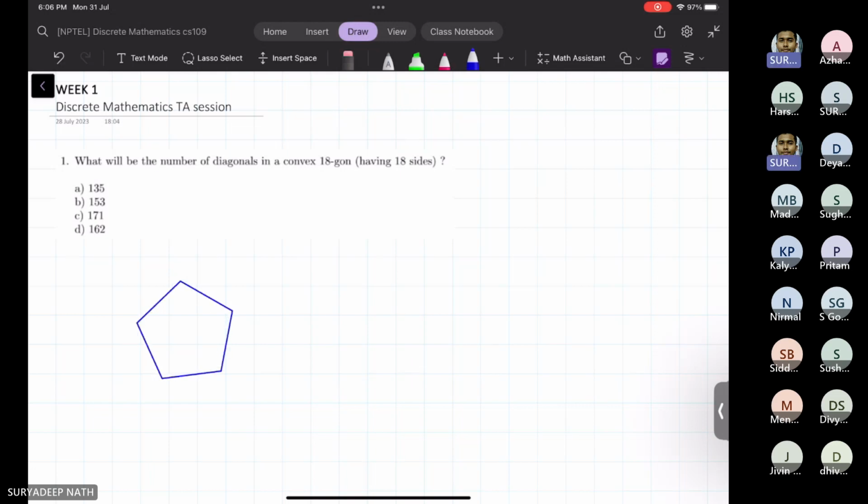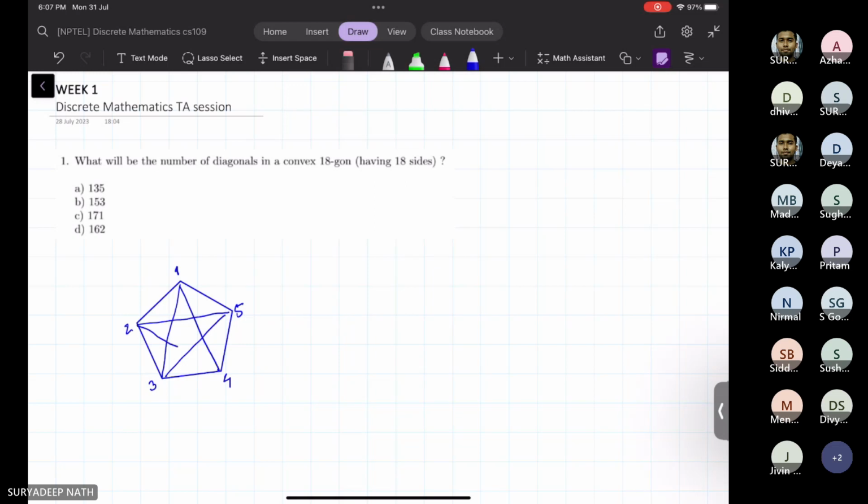Let us consider a pentagon, with vertices 1, 2, 3, 4, and 5. Which are the diagonals that you can see? The diagonals are 1-3, 1-4, 2-5, 3-5.